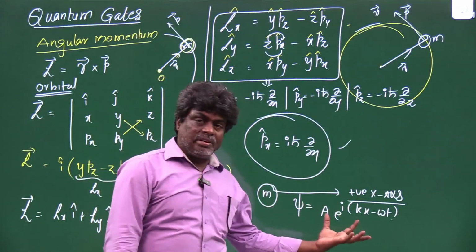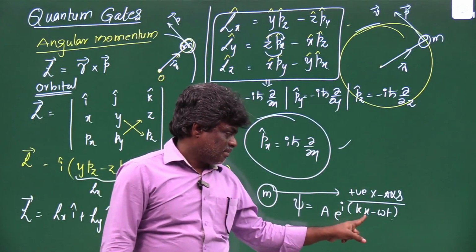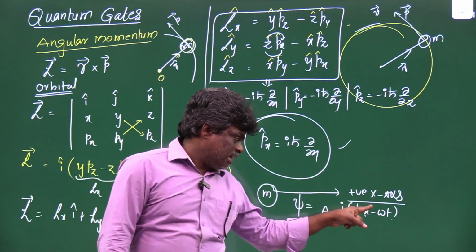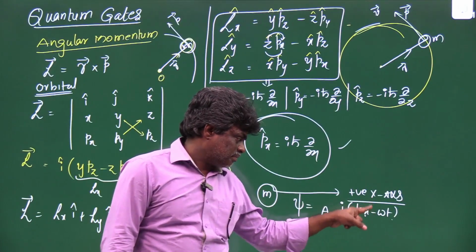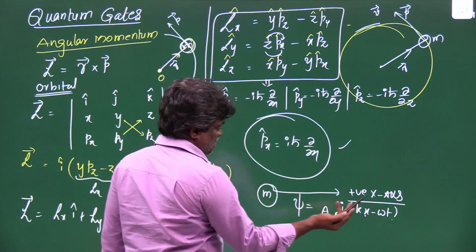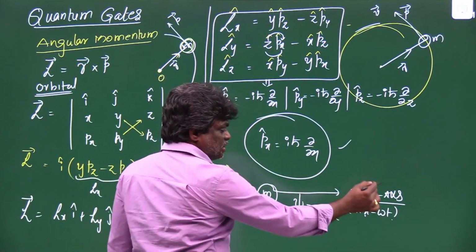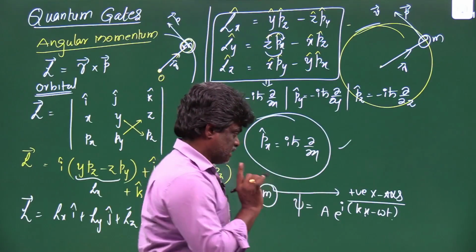This is the wave function of a particle moving along positive x-axis. If you want negative x-axis, here you have to put plus. Or you can put minus here, anything you can do. So kx minus omega t, this is moving along positive x-axis.